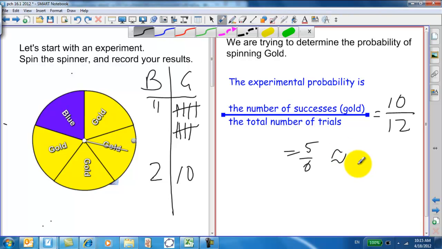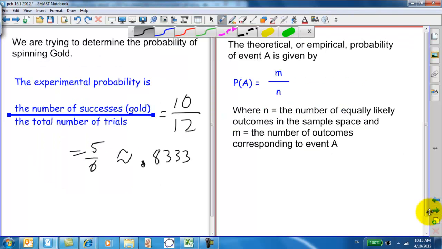Now, that's called the experimental probability. We did an experiment, we recorded our results, and we came up with a ratio of the ways we want it to happen over the total number of ways it happened.